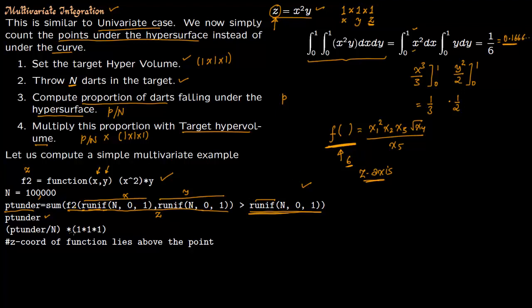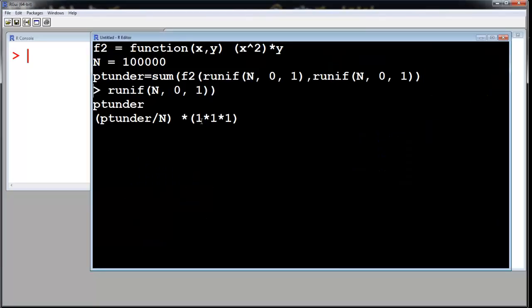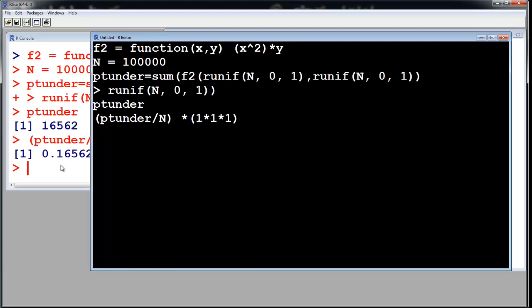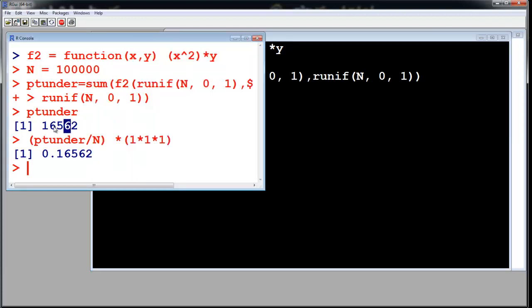And let us see what this gives us when we run this in R. So let us run this. So you have 16562 points under the hypersurface. So there are 100,000 points here. So this is the answer you get, 0.1656.